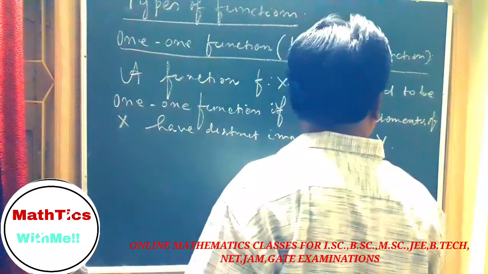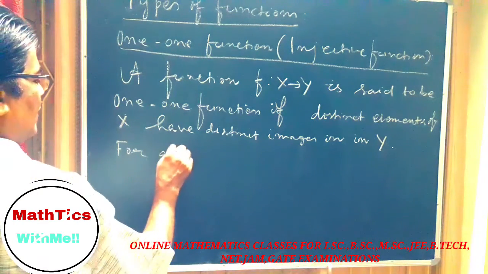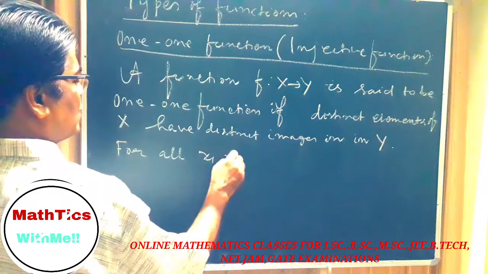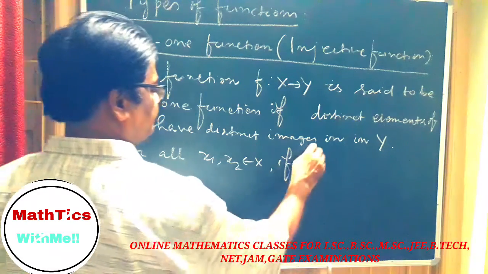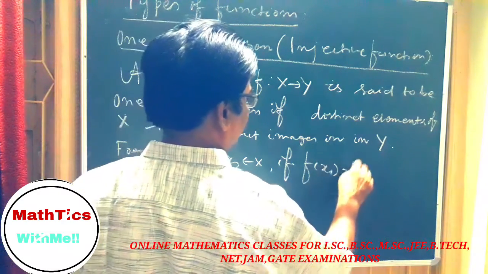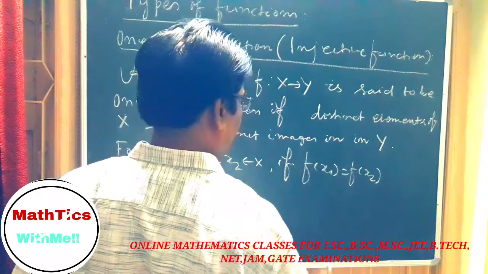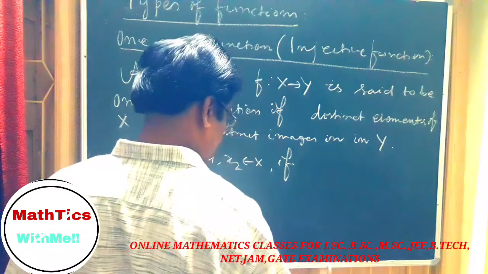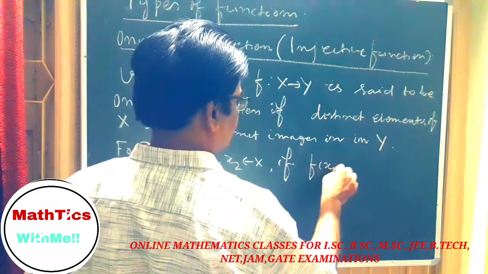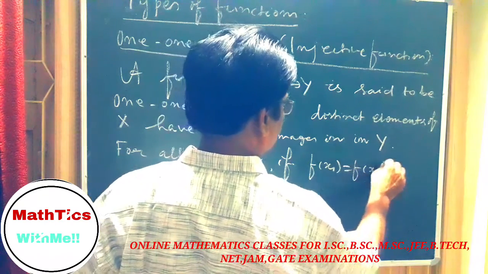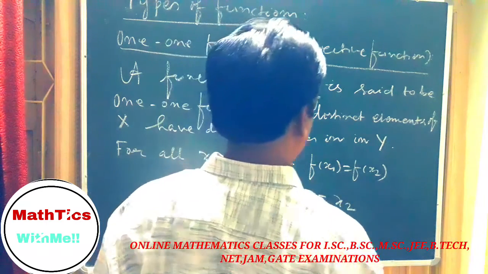So it means for all x1, x2 belongs to X, if f of x1 is equal to f of x2, this implies x1 is equal to x2.